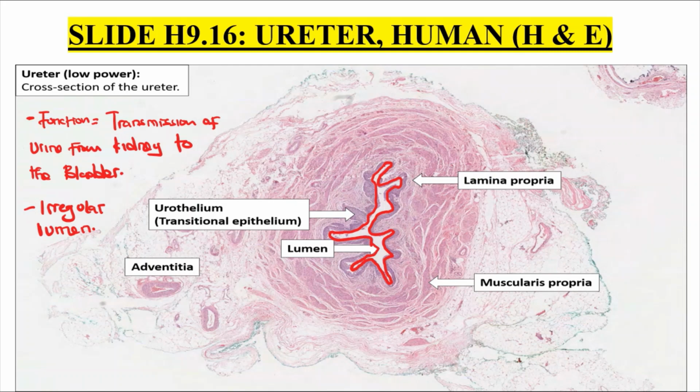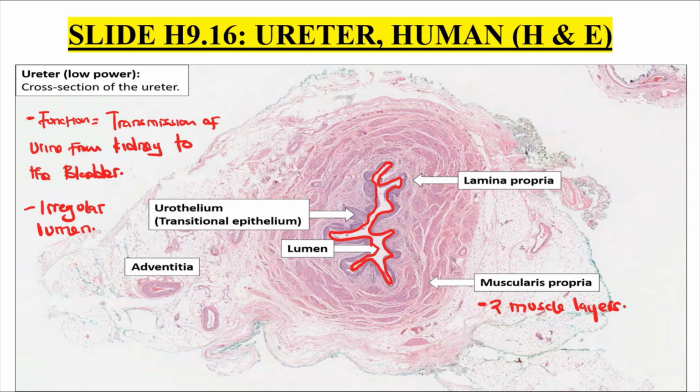The muscle layer of the ureter is made up of two muscle layers. You have the inner longitudinal muscles and the outer circular muscles, something that we're going to see when we see the high power representation of this histological slide. And then under the muscularis propria, we've got the adventitia.